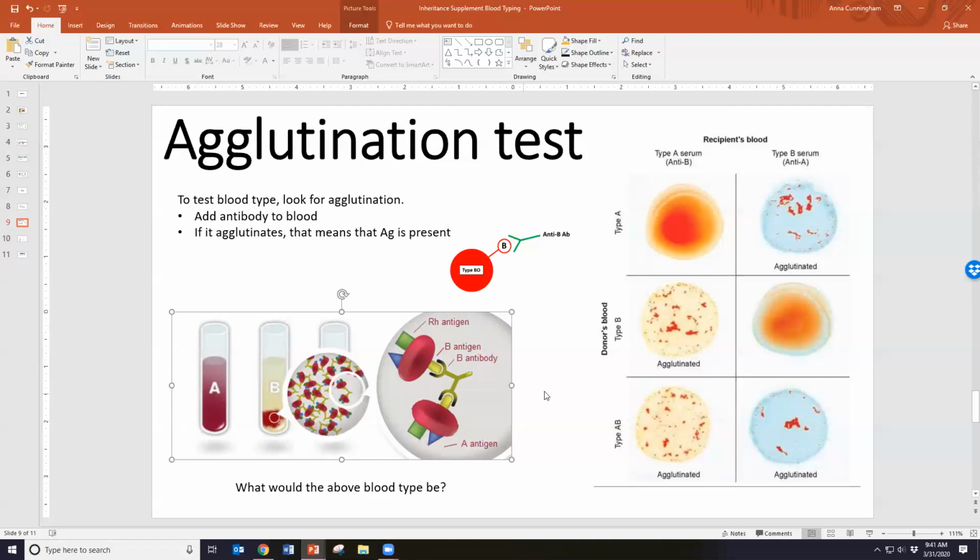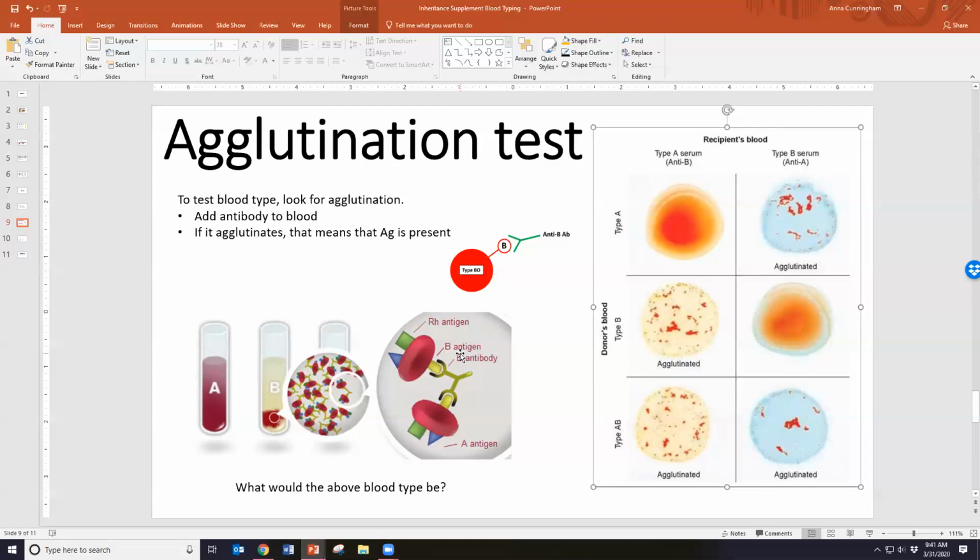What happens is red blood cells are normally, and if you look in this picture up here, this would be a blood spot from somebody whose blood does not have antibodies that recognize the antigens. We'll talk about that in a minute. But red blood cells are normally evenly spread throughout the plasma.